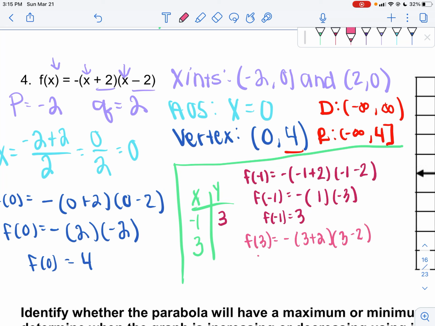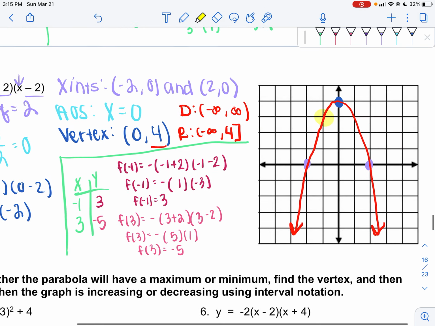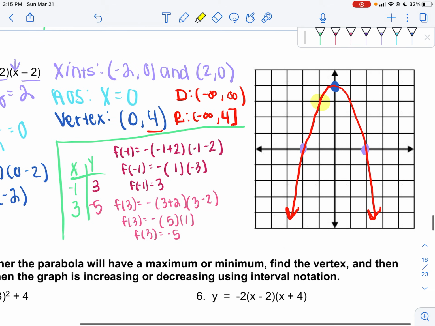Everywhere there's an x, we're going to put a 3, leave the negative out front, simplify inside the parentheses first. So when we multiply those three numbers together, we get -5. Okay, and if we look at our graph, you can see that when x was -1, our y actually landed right on 3. And then when x was 3, it's not even on our graph.